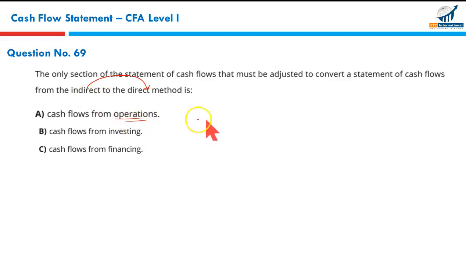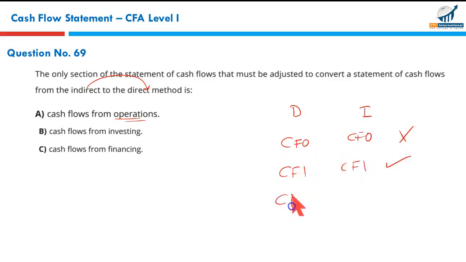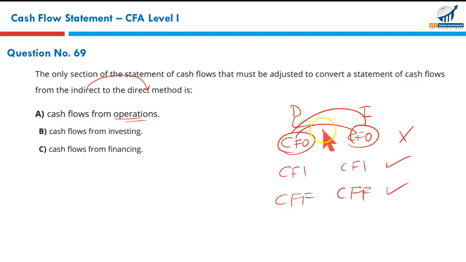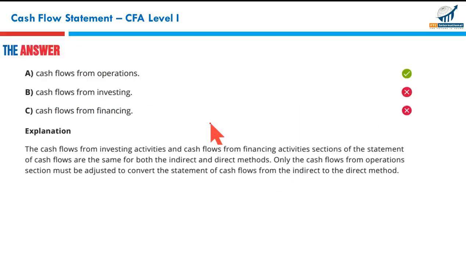Remember, because you have two methods, direct method and indirect method, cash flow from operating activities are calculated differently in both methods, but cash flow from investment, they are the same under both methods. Cash flow from financing, they are the same. So the difference is cash flow from operating activities needs to be adjusted when converting from indirect to direct. A is the right answer, so that makes option A.